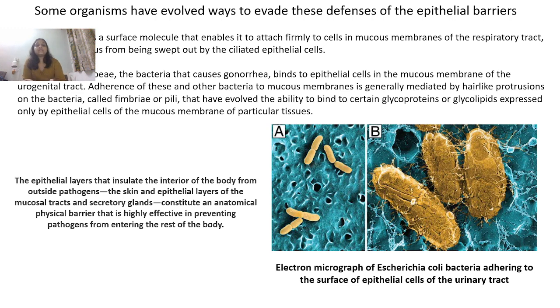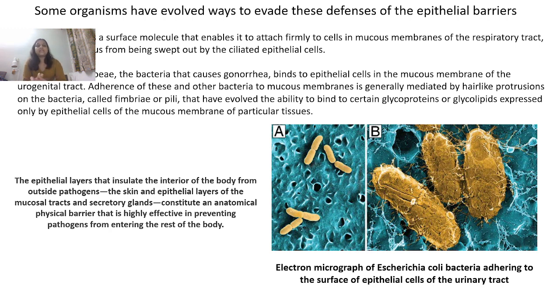The influenza virus has a surface molecule that helps it to attach to the cells in the mucous membrane of the respiratory tract. We all know that influenza is a respiratory virus, so it wants to attach to the mucous membrane of the respiratory tract. There are some receptors. But as I already told, there are cilia present in our respiratory tract, which will prevent this virus and help to get rid of it by sweeping it away.